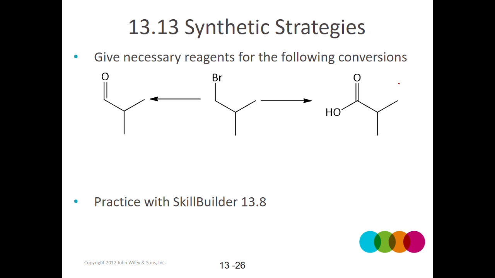All right, so there's two syntheses here, both starting from this metal compound, working our way out. So how do I convert this primary alkyl bromide to an aldehyde? Well, we now know a way to make an aldehyde. The only way we know to make it is with PCC, starting from an alcohol, right?